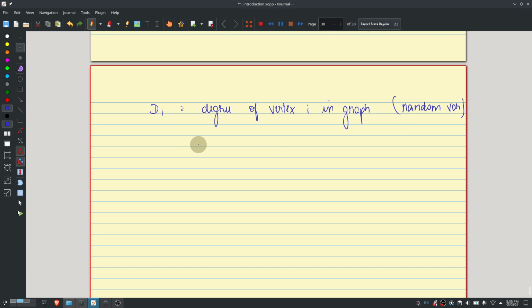Exactly. So in fact, let's use that particular notation that we had earlier. I can say that D_i is equal to a summation over all j in 1, 2, 3 up to n except i, running through all of the integers except i, of the indicator that (i, j) is an edge.